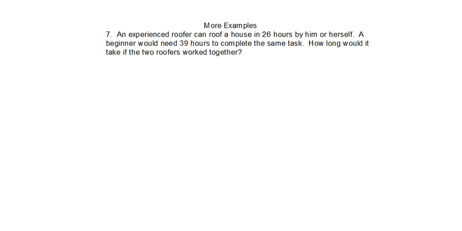So we know that an experienced roofer can do the job in 26 hours. So that is going to be our time. A beginner does the same job in 39 hours. The proportion of the job done would be 1 over 26 for the experienced and 1 over 39 for the beginner.